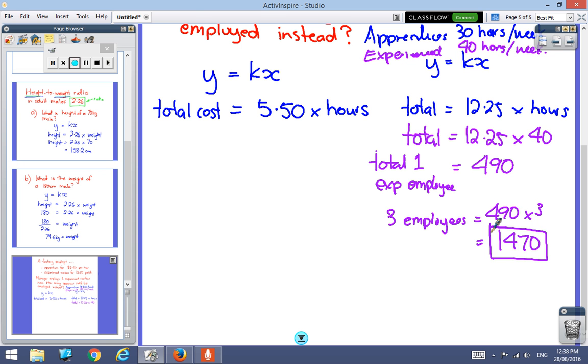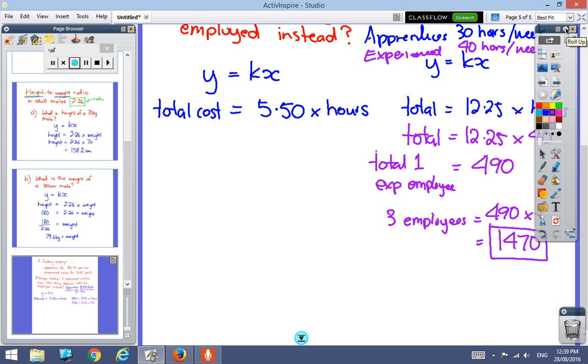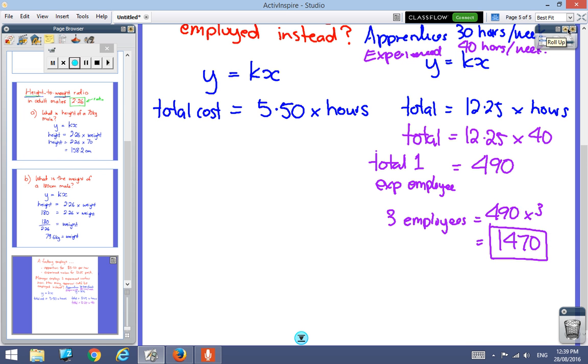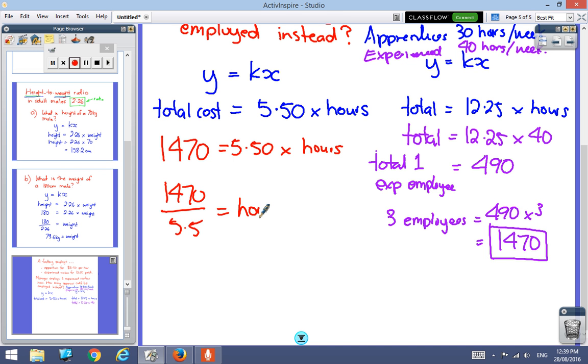But what that gives us on the other side is one of the variables over here, because I can now say, well, how many apprentices can we employ for the same amount of money? Now, how many hours is the answer it'll get? Again, how do we work this one out? I'm hoping that you guys can remember how to do this bit. It will tell us how many hours there are.